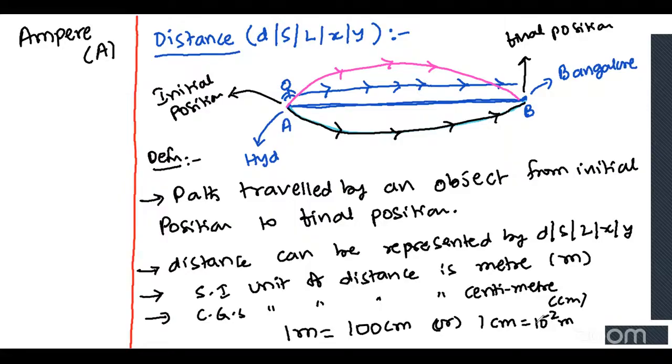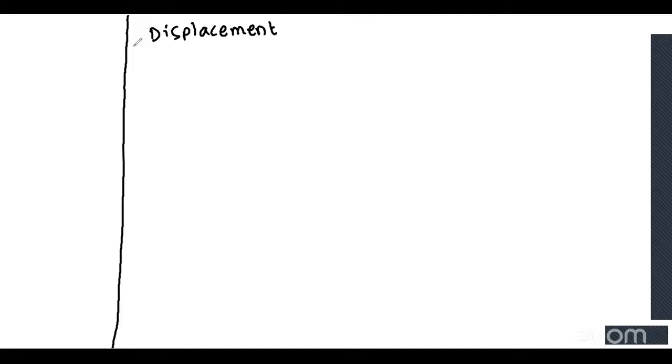Now, distance, that one. Next comes the displacement. Displacement is defined as the shortest distance traveled by the object from initial position to the final position.